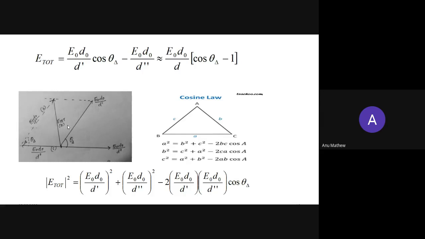So we will get, taking the modulus, E total square equals (E0 d0 by d') whole square plus (E0 d0 by d'') whole square minus 2BC, that means 2 into E0 d0 by d' into E0 d0 by d'' cos theta delta. So by using this cosine law, we will get E total square equal to this.